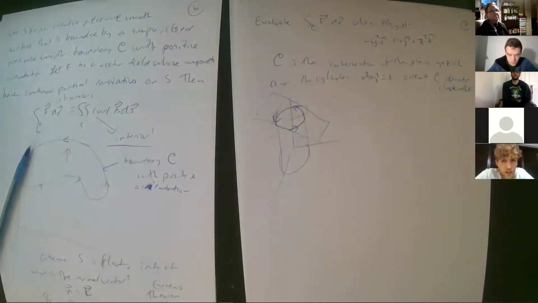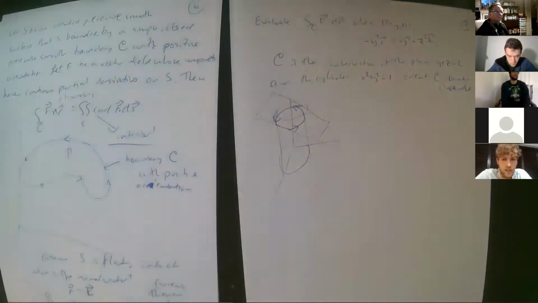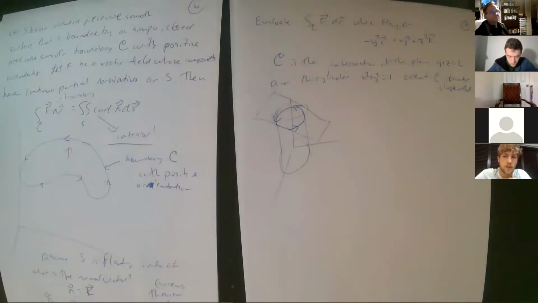Any questions? I have a slight question. It kind of makes an ellipse, right, by cutting it off? It makes an ellipse, the top part. Correct. Is it possible to create the equation of that specific ellipse by using x squared plus y squared equals 1 and y plus z equals 2? Yes, you could do that.